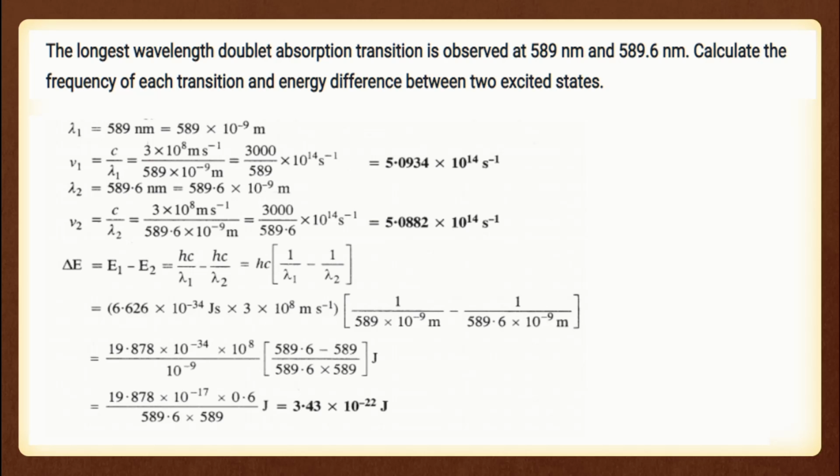This is equal to 19.878 × 10^-17 × 0.6, the whole divided by 589.6 × 589, which is equal to 3.43 × 10^-22 joules.